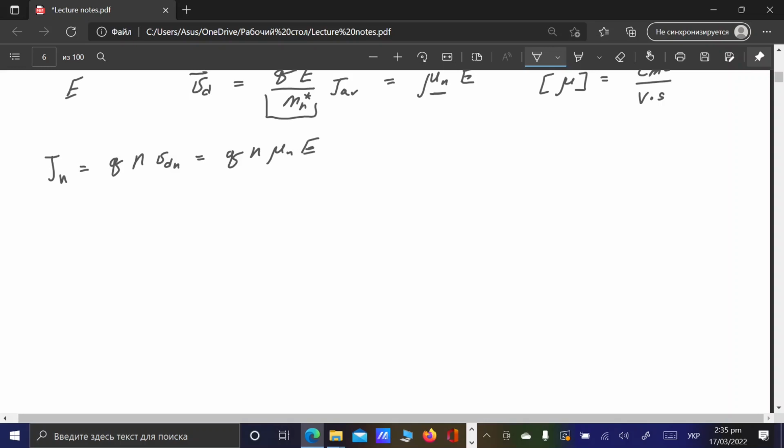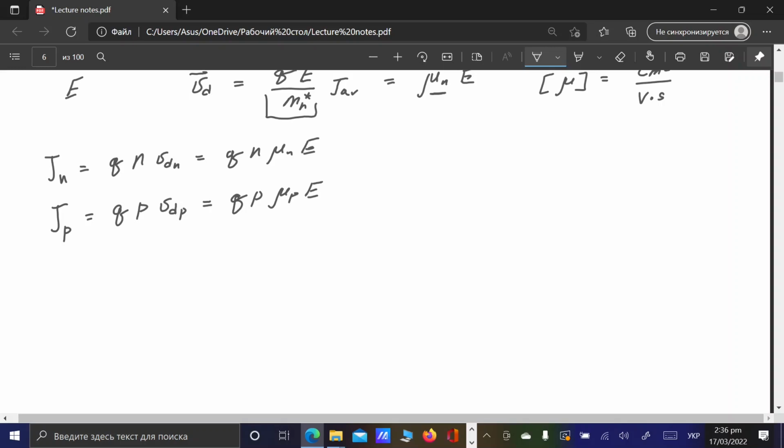Similarly we can write it for holes, because we have two types of charge carriers. We have electrons in the conduction band and holes in the valence band. So Jp equals the charge of a hole times the concentration of holes times Vdp, and that will be equal to q times p times mu p times E. So we have mobility for electrons and for holes.